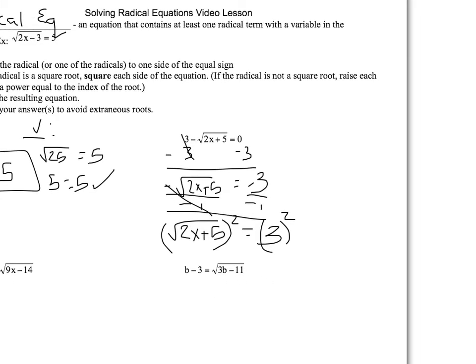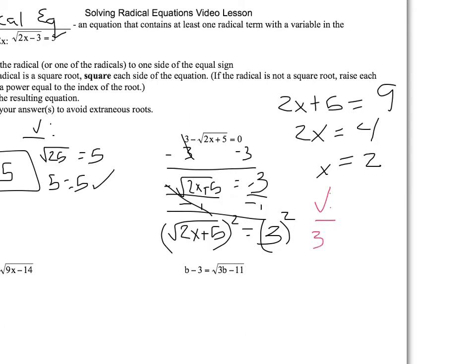And then when I square the radical, I end up getting just 2x plus 5. 3 squared is 9. Solve for x, let's subtract that 5, so you get 4. Divide by 2, you get x equals 2. For our check, let's plug a 2 into the problem. So it's going to be 3 minus radical 2 times 2 is 4, plus 5 is 9, has to equal 0. Square root of 9 is 3. 0 equals 0, so it checks out.